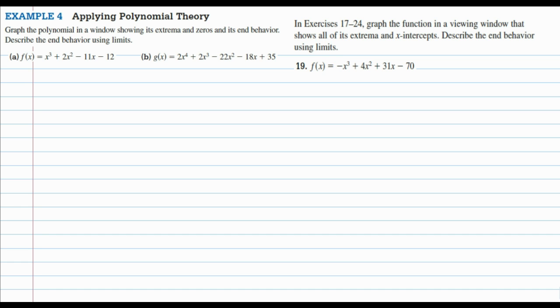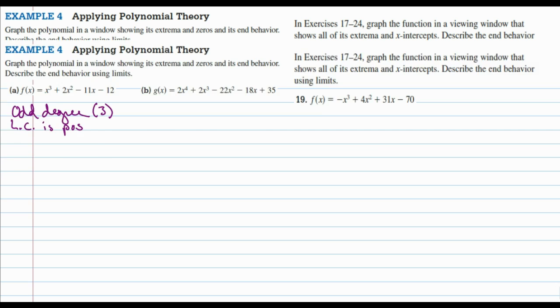So first of all, I'm going to challenge myself right off the bat. Oh, Miss Larson, you overachiever. I know. This is an odd degree polynomial, degree 3 specifically, and its leading coefficient is positive.